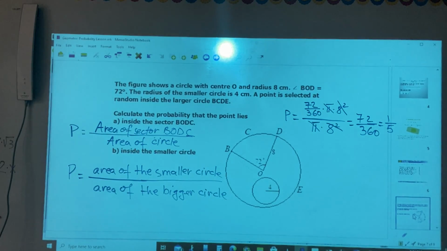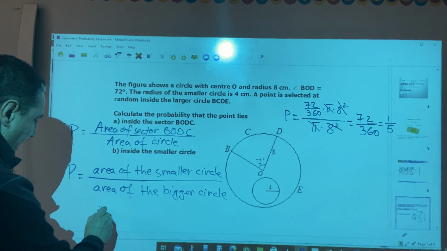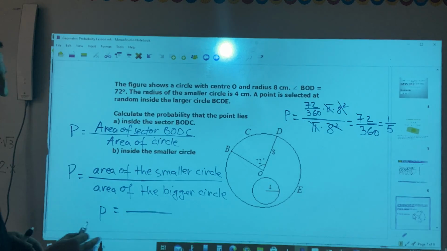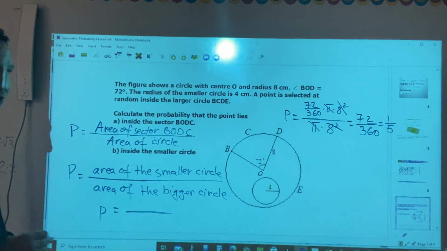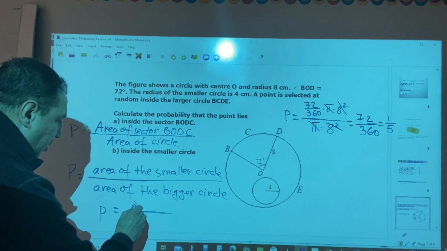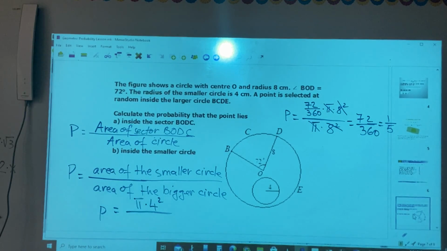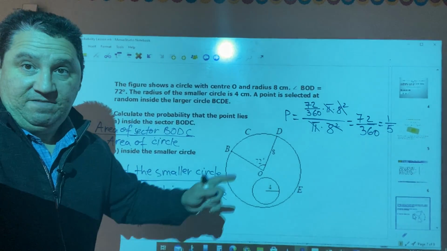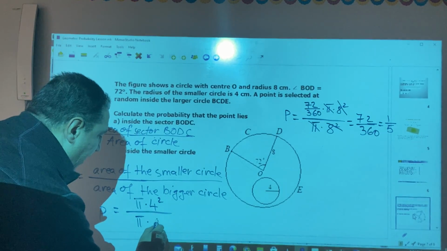Yes? Now, let's find the area of the smaller circle. Remember, the formula is pi r squared. But the radius of the smaller circle is 4, yeah? So you're going to have pi times 4 squared, right? And the area of the bigger circle would be pi times the square of the big radius, which is 8, yeah? So we're going to have 8 squared.